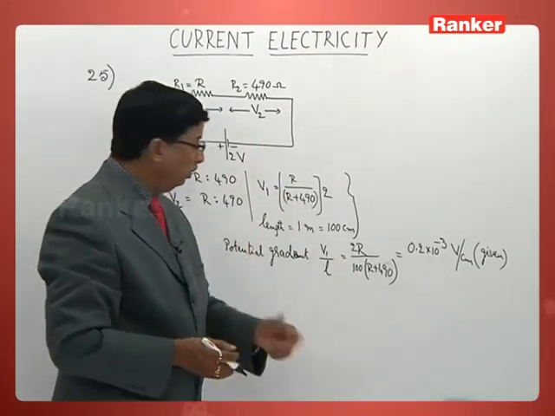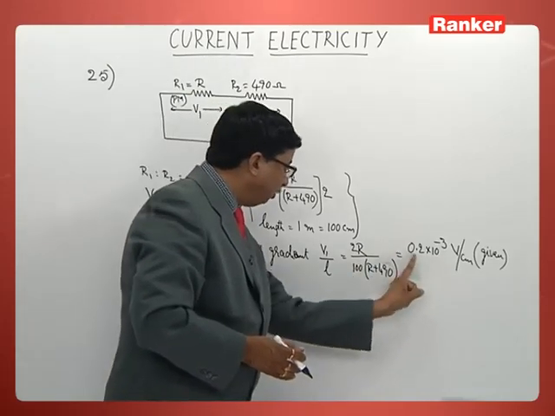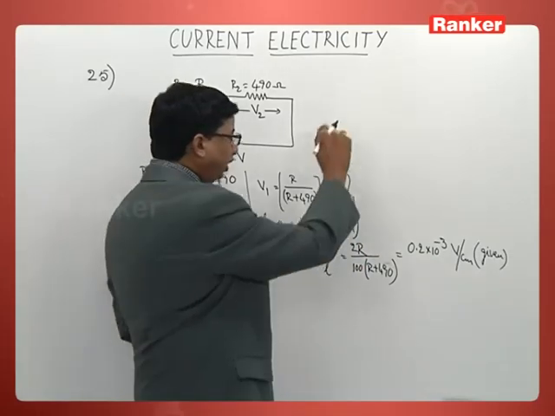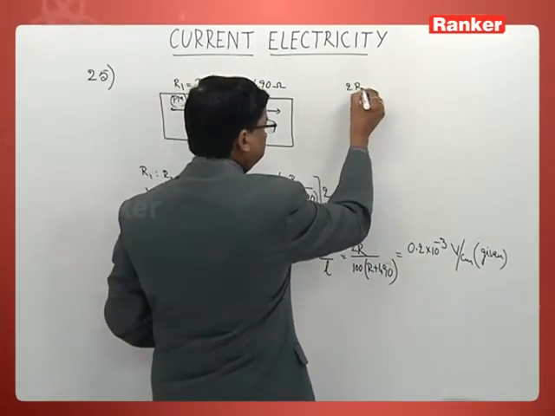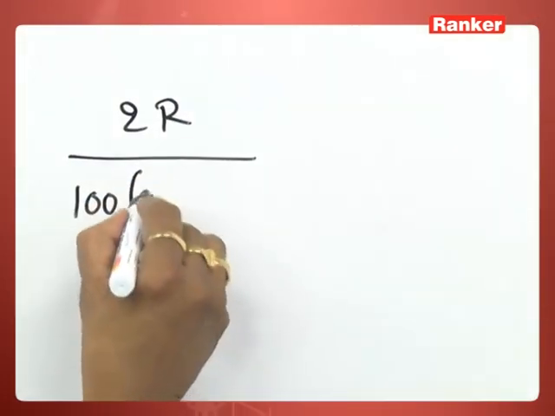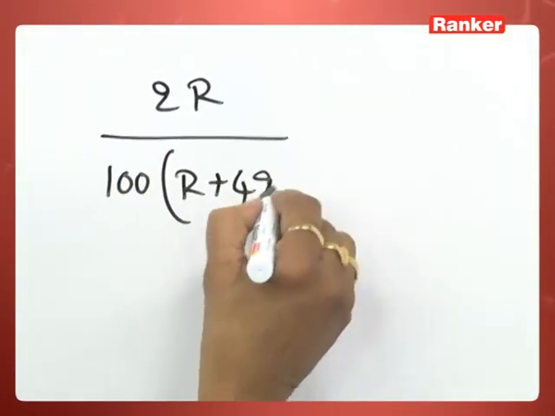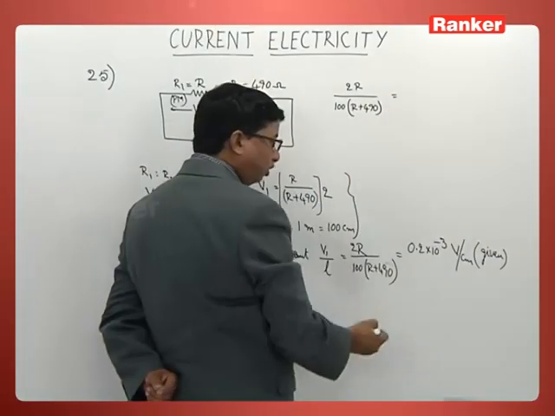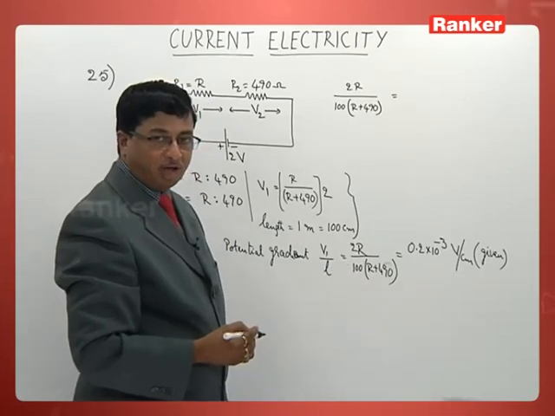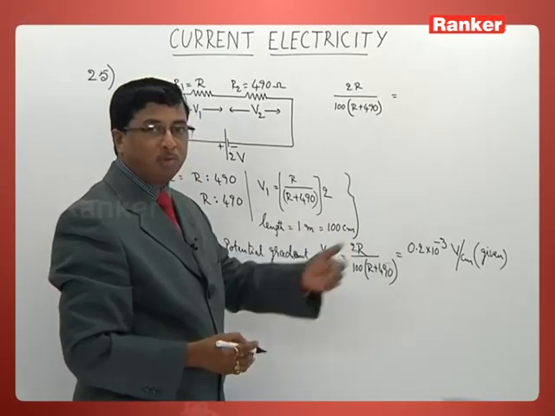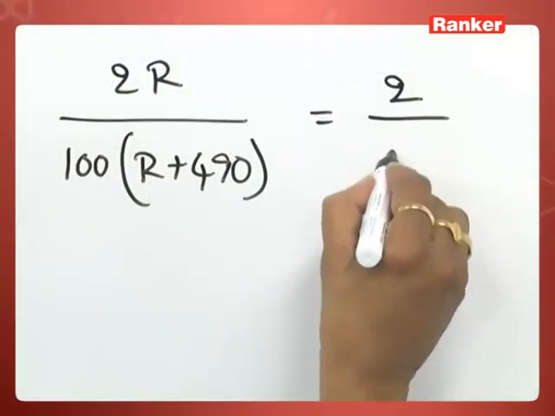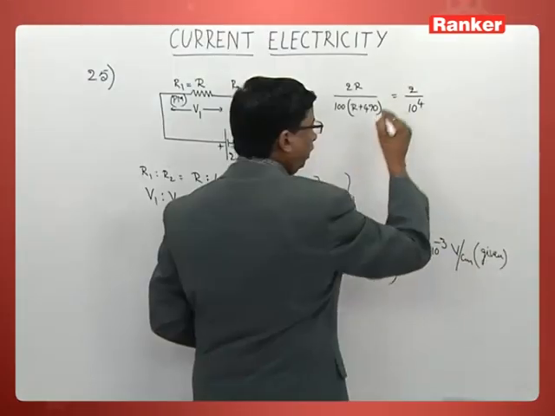But you all know these two values are supposed to be equal. Come on, equate them now. What do you get? 2R by 100 into R plus 490 is equal to 0.2 into 10 power minus 3. I can write it as 2 into 10 power minus 4, in other words 2 by 10 to the power 4.